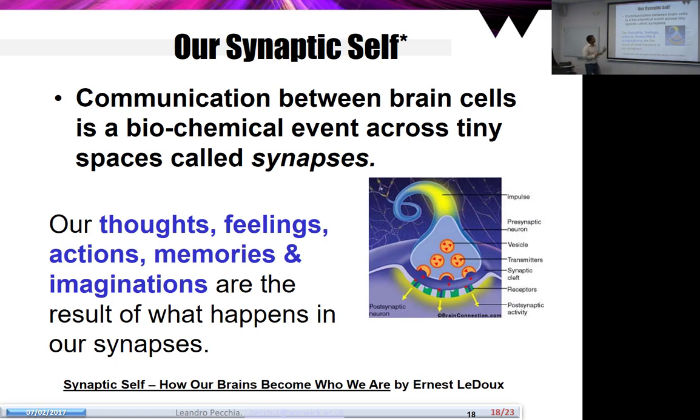So our thoughts, feelings, actions, memories, and imaginations are the result of what happens in our synapses. Because we build this knowledge, and if we are good enough to maintain this knowledge, then this will become stronger.